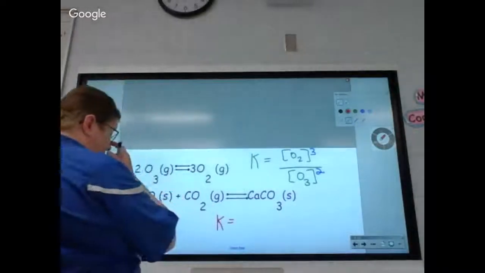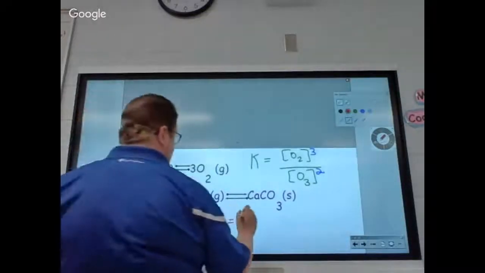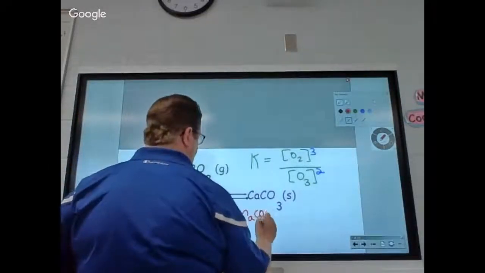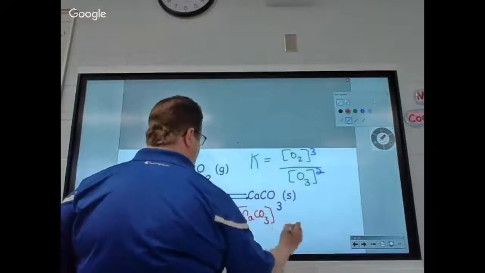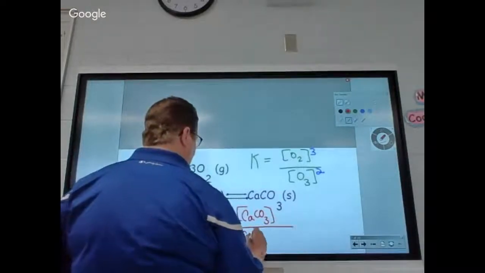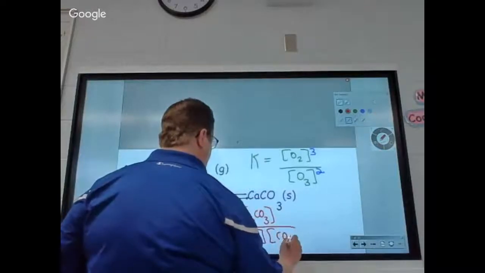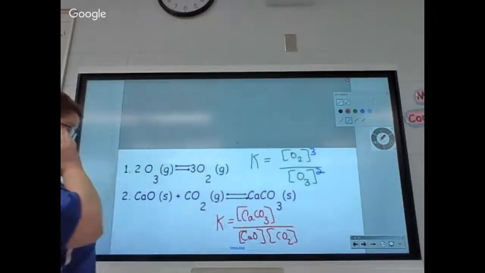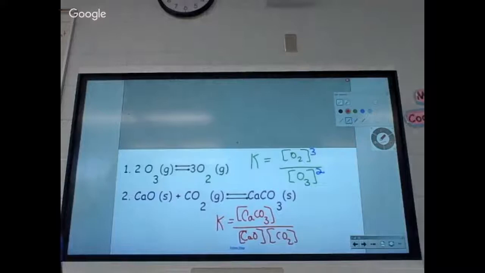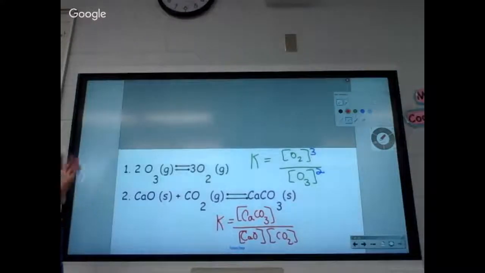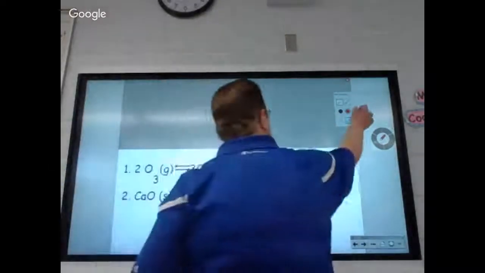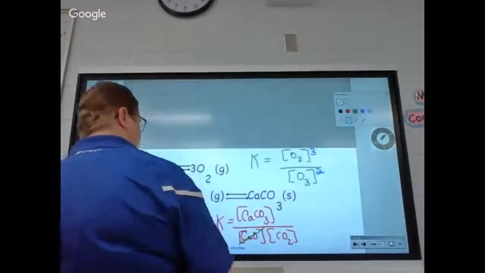All right, so what are my products? CaCO3. All right, what are my reactants? CaO and CO2. So do I have any coefficients I need to put in? No, so we're on to step 3. Is there anybody who's not a gas or aqueous? CaO, so I need to take it out. Anybody else?